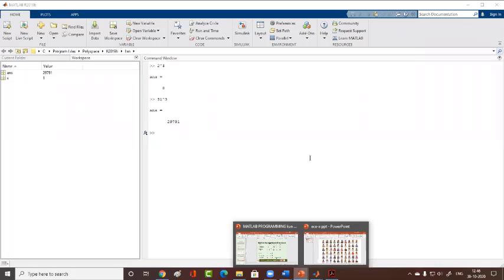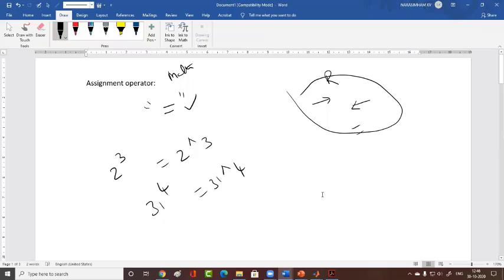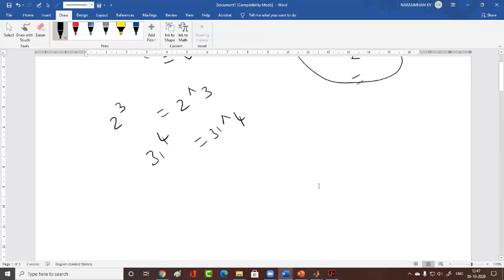Now another very, very important point: different types of power and multiplication are there. Again, we will discuss all these things in the vectors concept. After completion of this subject, matrix as a calculator, we will discuss the vector subject, then matrix.